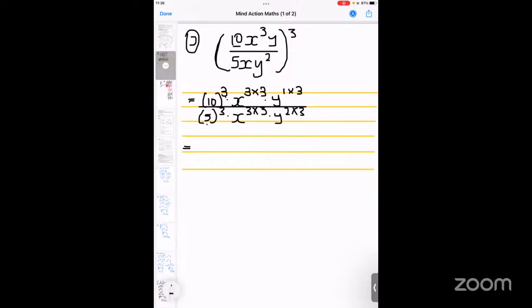I'll just be writing the others in the meantime, and then that one I will write after. When I say the others, this is what you already know. I've seen you're confident with this one is x to the 9. And then here you will be having y to the 3, and then you'll be having x to the 9, and then y to the 6.